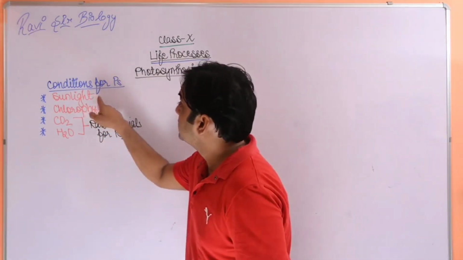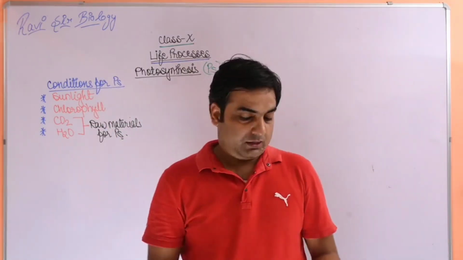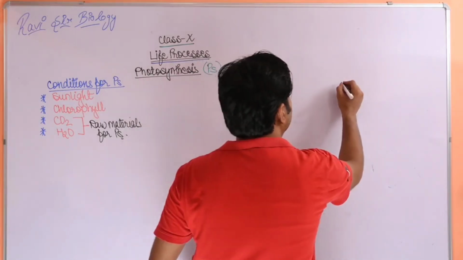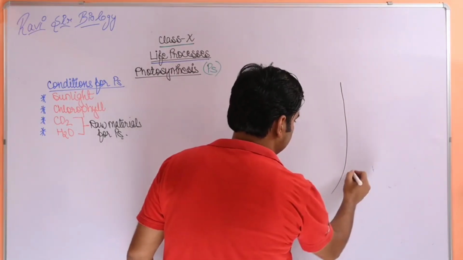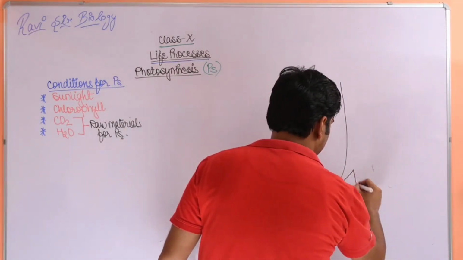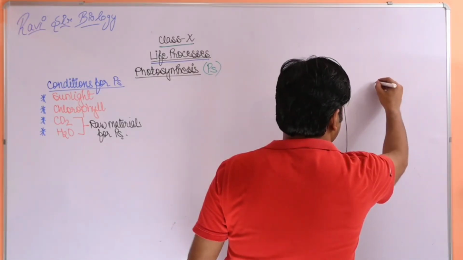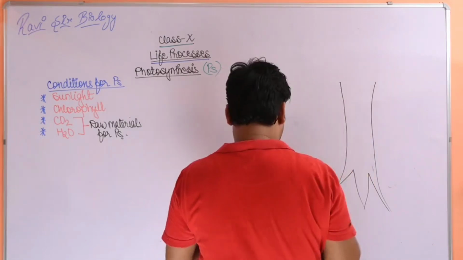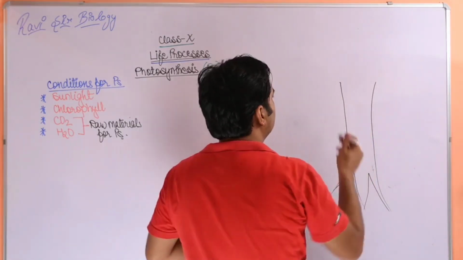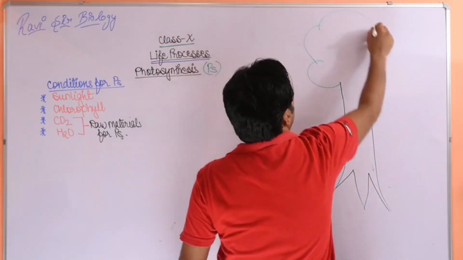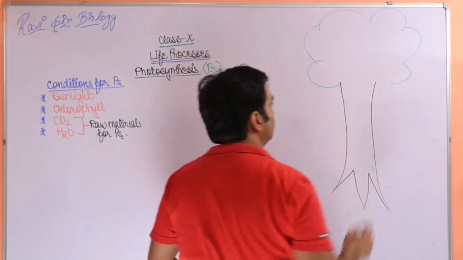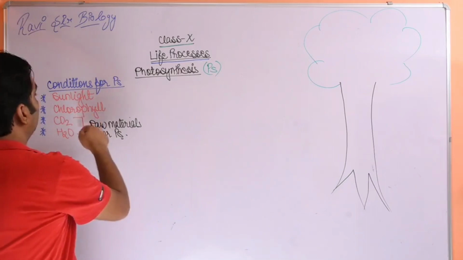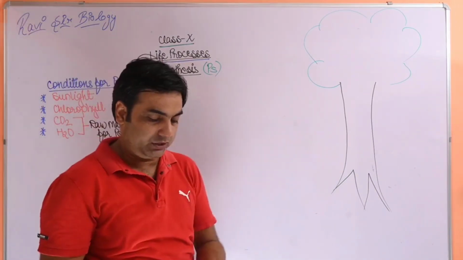The very first one, sunlight. Let me draw a diagram also. Suppose this is a plant. This is a tree, and it has to get all four conditions to perform photosynthesis.